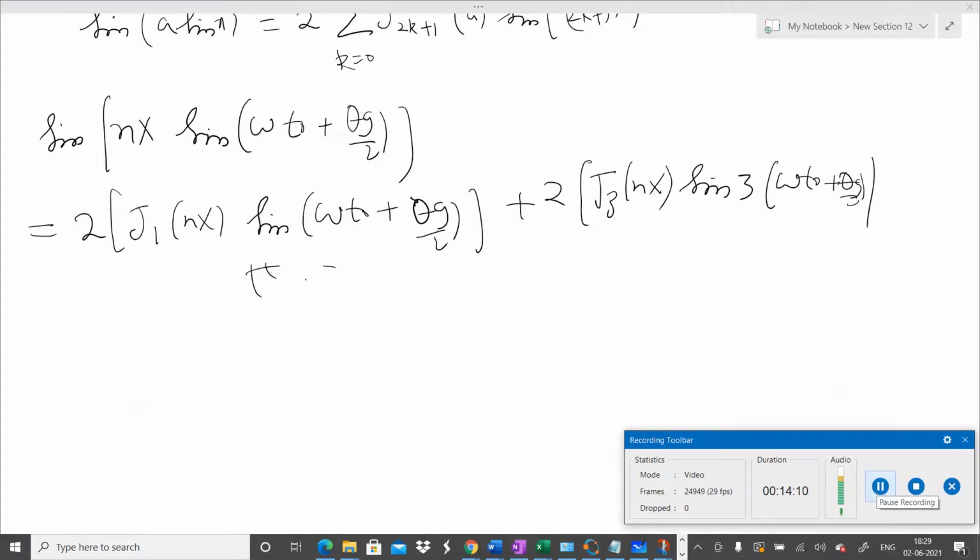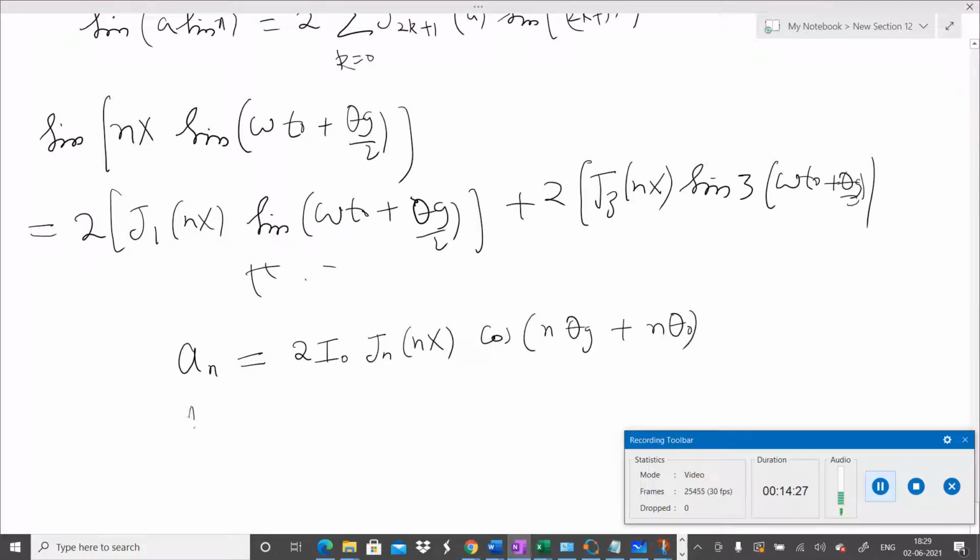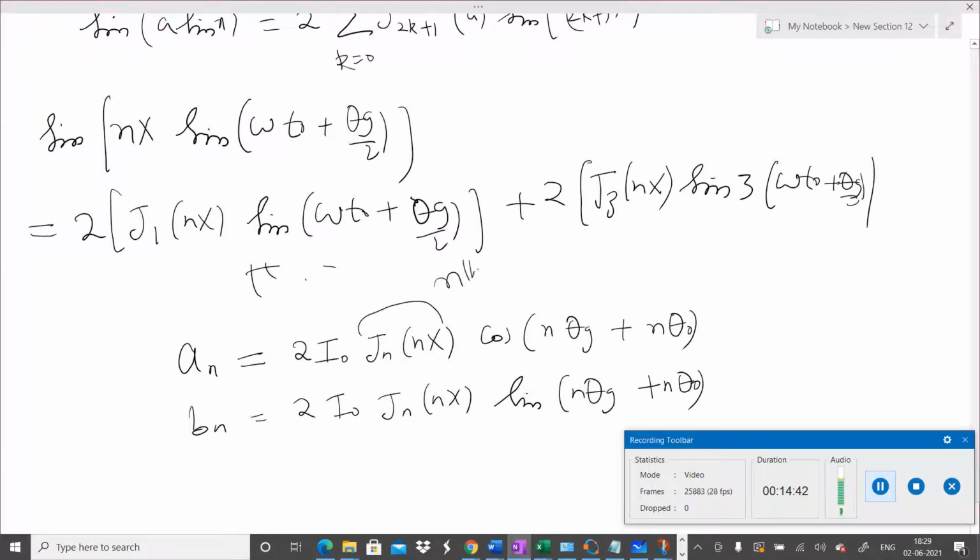After substituting it there, and solving each integral, you will get An equal to 2 I naught Jn of nx cos of (n theta g plus n theta naught), and Dn equal to 2 I naught Jn of nx sine of (n theta g plus n theta naught). This Jn we call the nth order Bessel function.